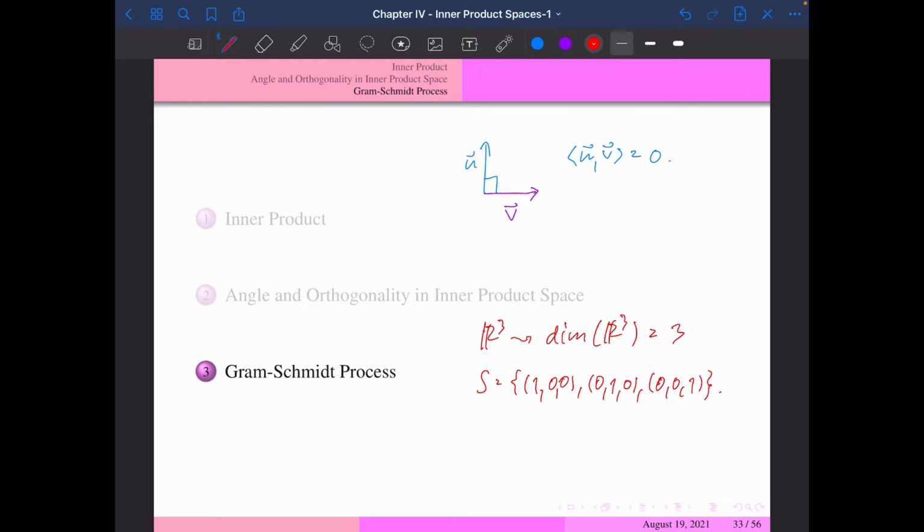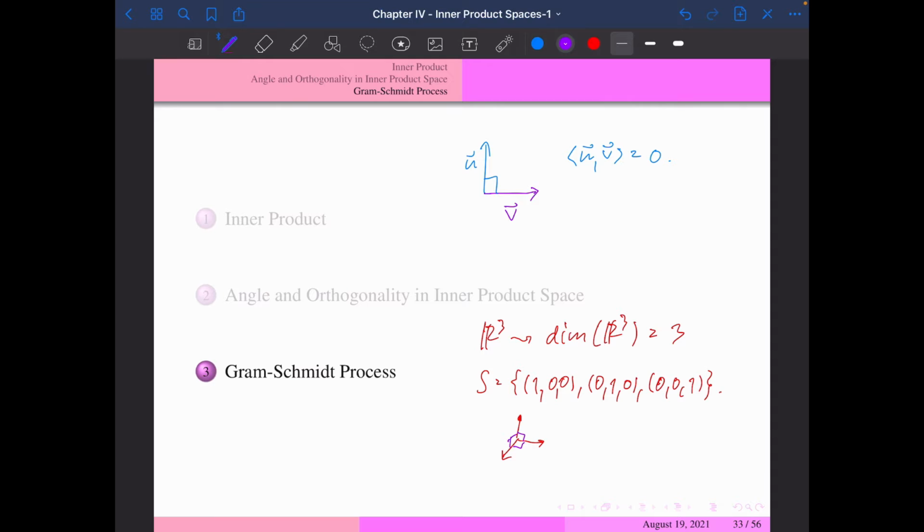If you draw the three vectors here, 1 0 0 is like here, 0 1 0 is like here, and 0 0 1 is like here. You can see that the three vectors are orthogonal, right?